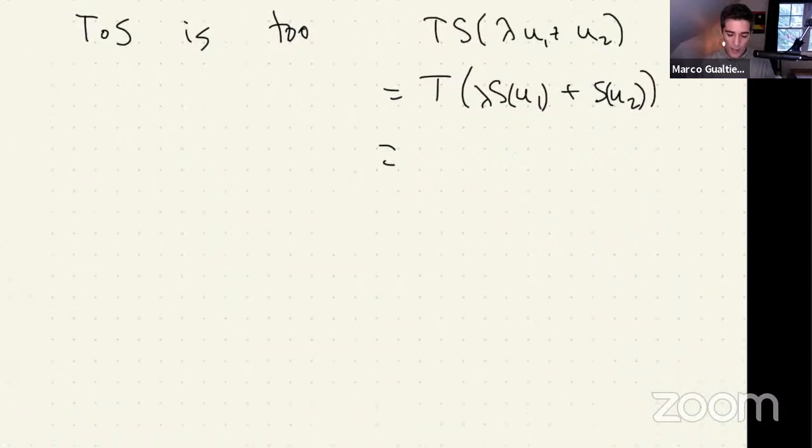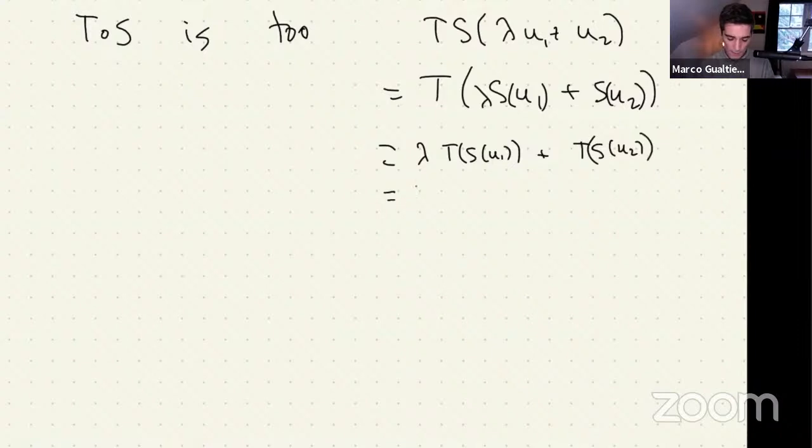Okay, but now what do I have? I have a number multiplied by a vector plus a vector, so I just use linearity of T. So this is going to be lambda T of S of u1 plus T of S of u2. And this is the definition of the composite.